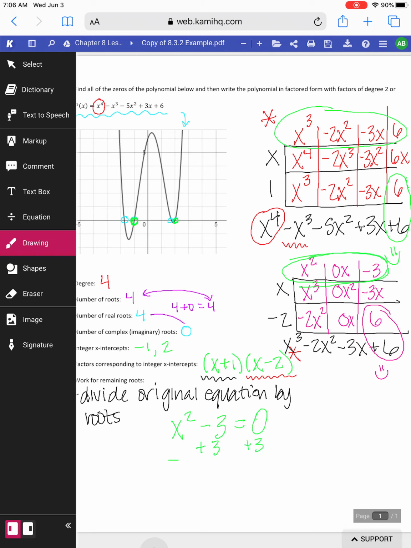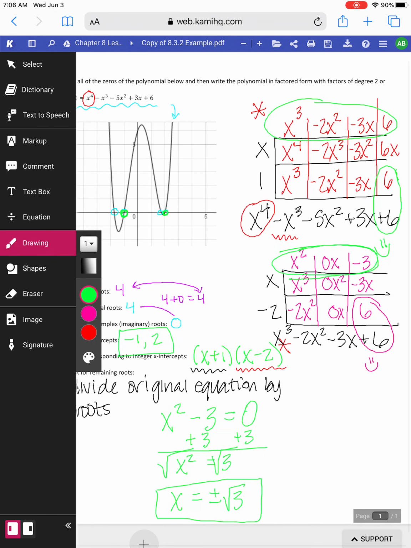So we're going to add 3 on both sides. And then to get the x by itself, we square root. So we know that x is going to be a positive or negative square root of 3, which gives us 2 more roots. So added to our 2 original roots, we have 2 more roots. So that gives us our final answer.